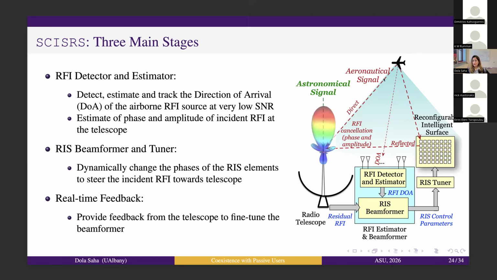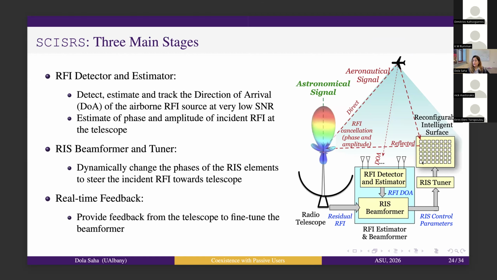We need to know where it is coming from, what is the direct path, what is the angle of arrival. So that's why we place an RFI detector and estimator close to the telescope that finds the direction of arrival. And because we know this location and this location, we can understand the direction of arrival here.